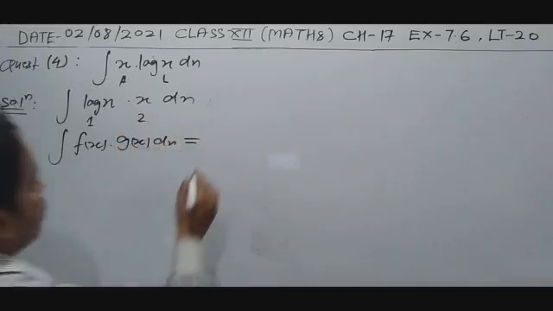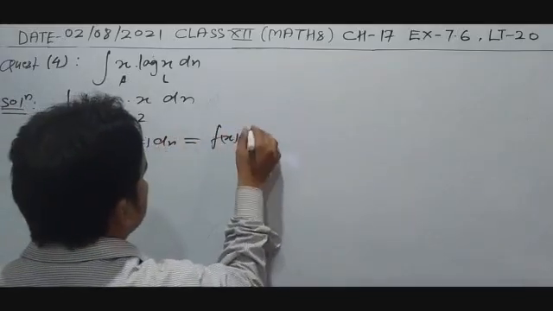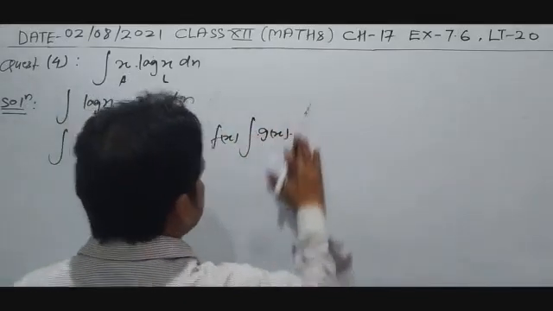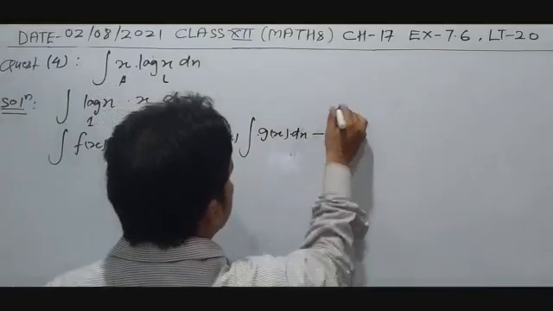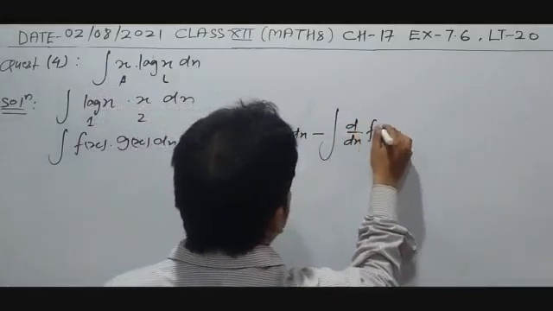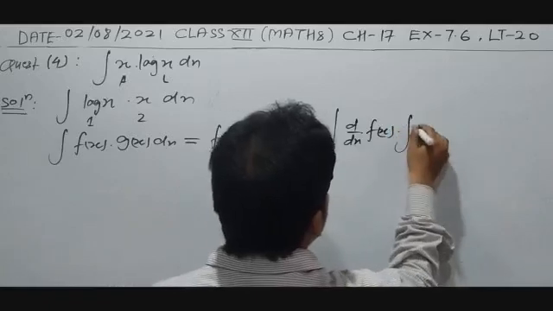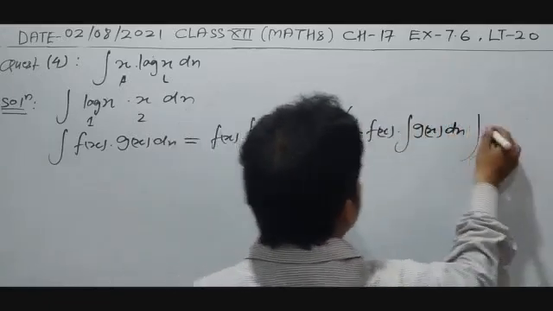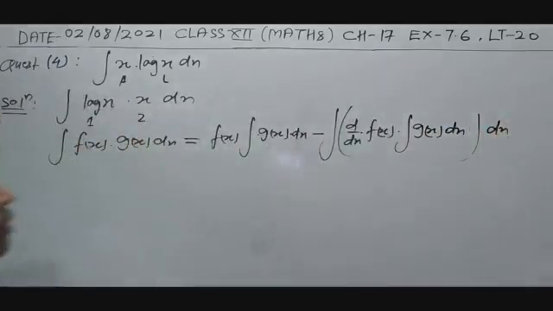Result will be first function times integration of second function dx, minus integration of d by dx of first function into integration of second function dx, whole dx. This is the formula of integration by part.